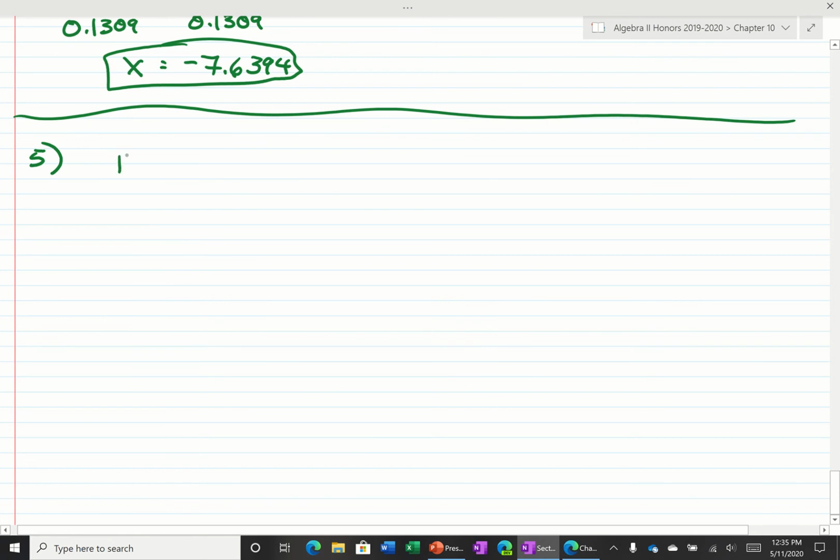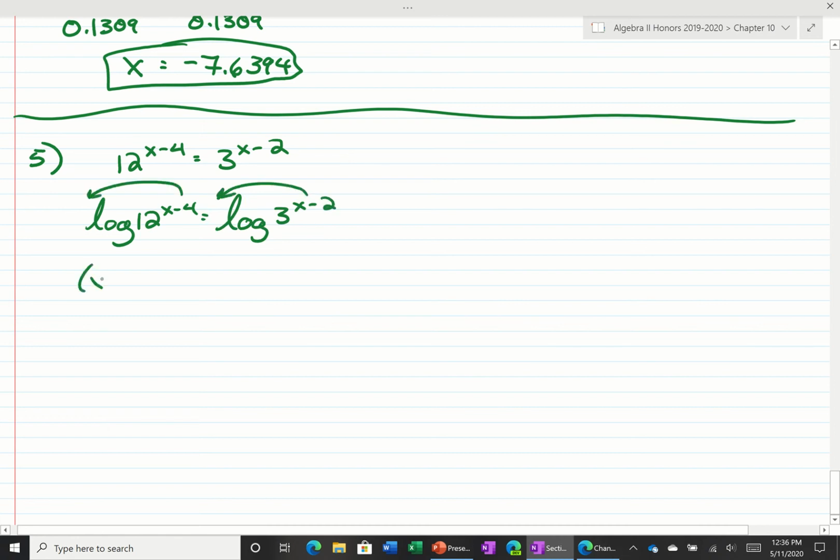Problem number 5, it says 12 to the x minus 4 power is equal to 3 to the x minus 2. We take the log of both sides. We're going to have to bring these powers down. Now we'll have to distribute both of those, so it doesn't matter which one you divide by.